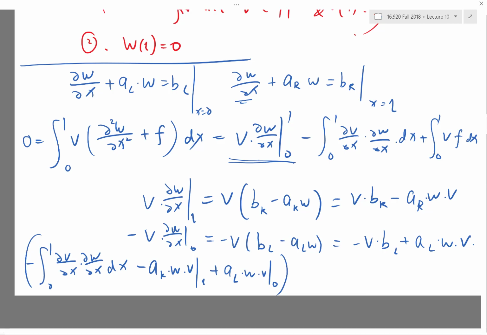And my linear form is going to be the integration of VF dx plus BR times V(1) minus BL times V(0). So this is equal to 0. Basically, we are deriving the boundary conditions depending on whether it restricts the degree of freedom or not. It is either imposed as a constraint, or it modifies the weak form by modifying either one of these two terms, the bilinear form and the linear form, or both of them.